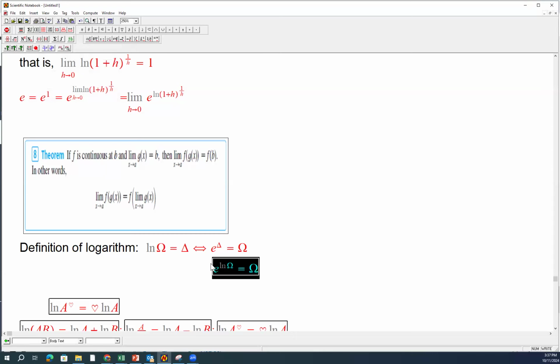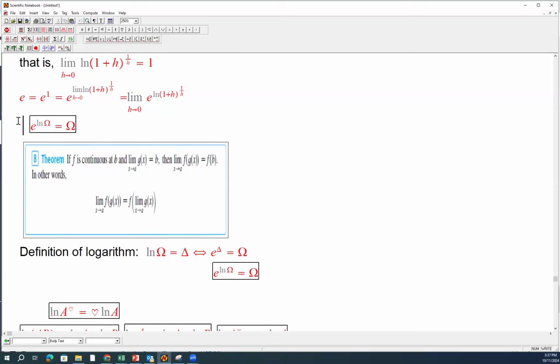All right, so I'm going to take this box, the result, and we're going to apply it over here. How are we going to apply it? We're going to apply it inside the limit. You can see we have an e here, and we have ln, right? We have e to the power ln.